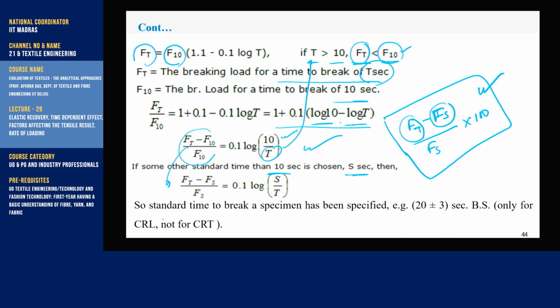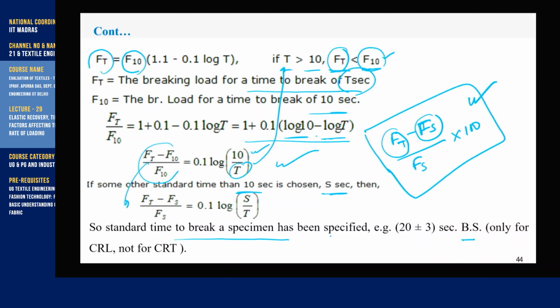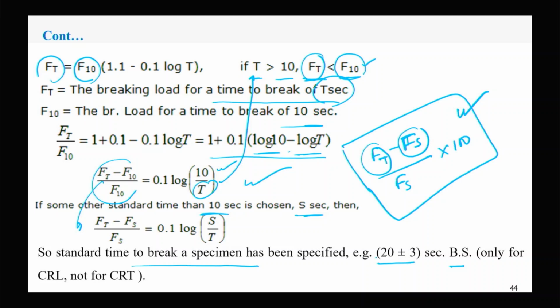As per the British standard, the time to break the specimen has been specified as 20 plus or minus 3 seconds. This is only for CRL type machines, constant rate of loading type machines, not for CRT type.